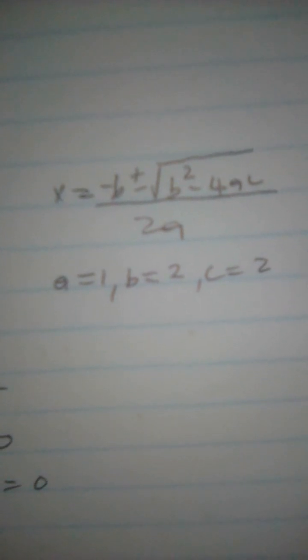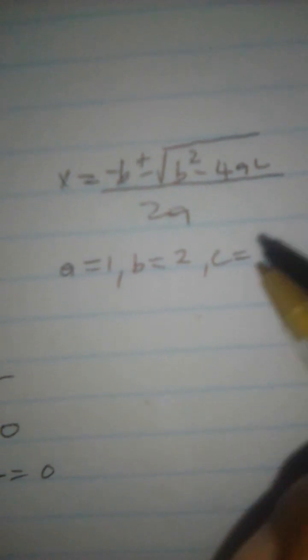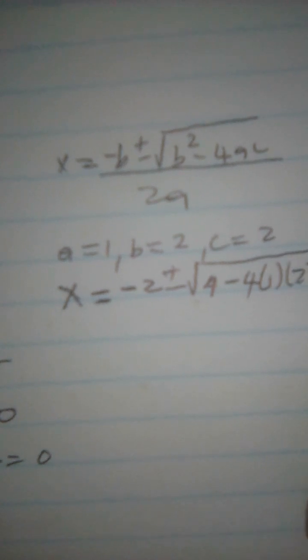What we're going to do here is all about substitution. So x is equal to negative 2 plus or minus the square root of 2 squared, which is 4, minus 4 times 1 times 2.